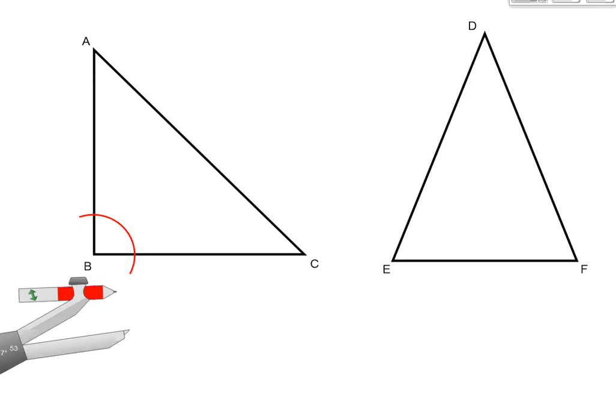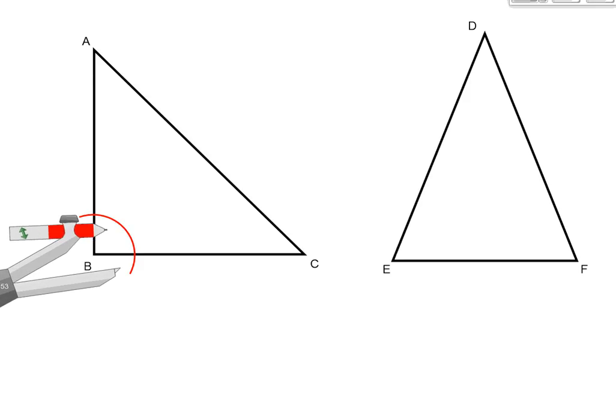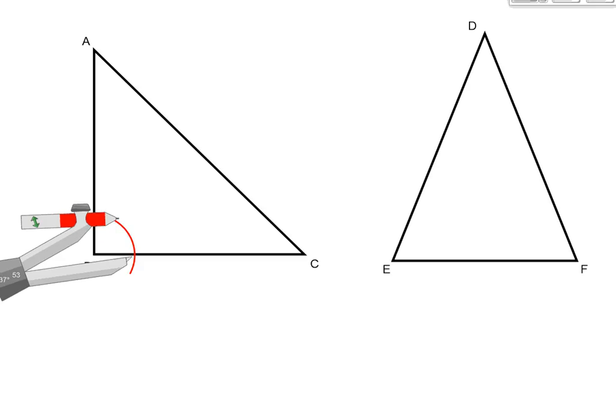And then from those 2 places, I'm going to put my point, and so you just have to kind of look at the slide where the arc intersects the side of the angle, and I'm going to get that little X out in the middle there.